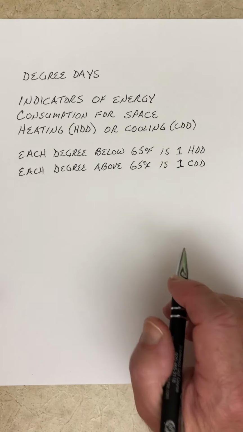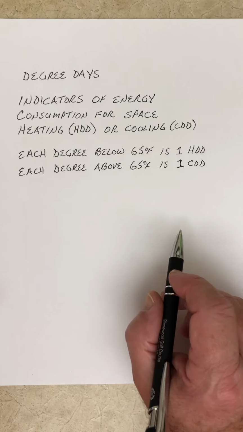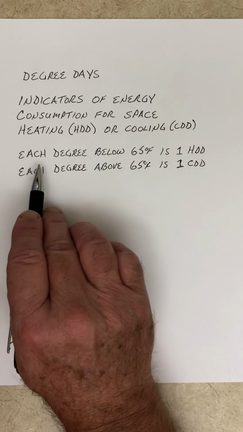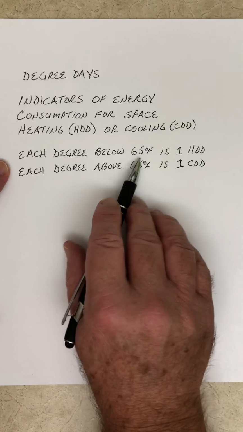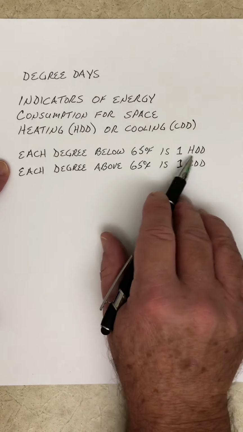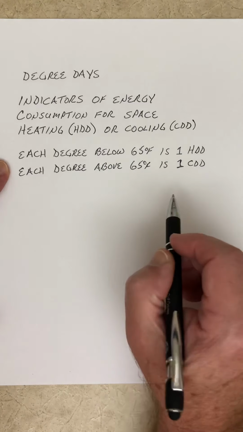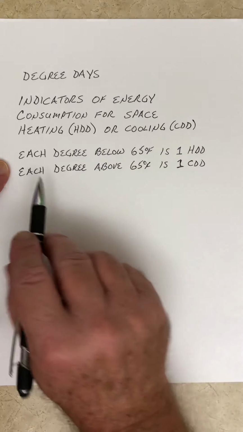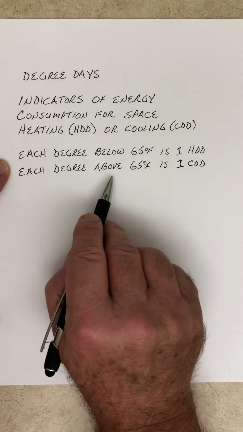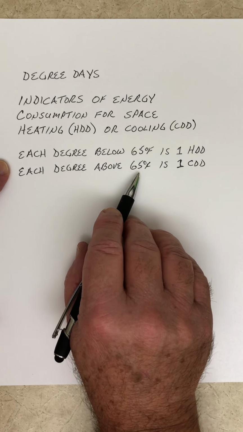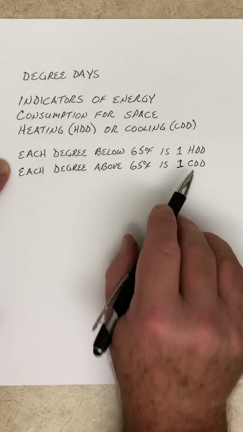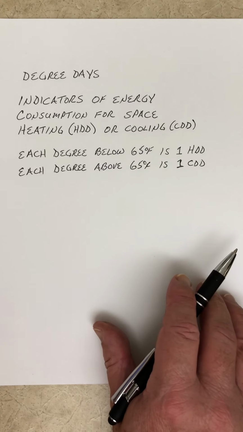If you calculate the average daily temperature, for every degree that the average daily temperature is below 65 degrees Fahrenheit, you accumulate one heating degree day. For every degree in which the average daily temperature is above 65 degrees Fahrenheit, you're going to accumulate one cooling degree day.